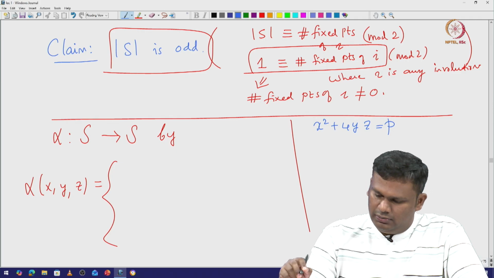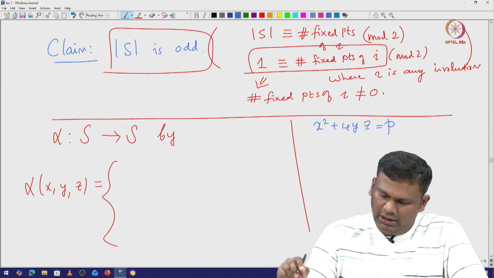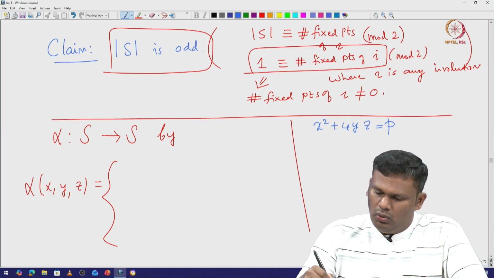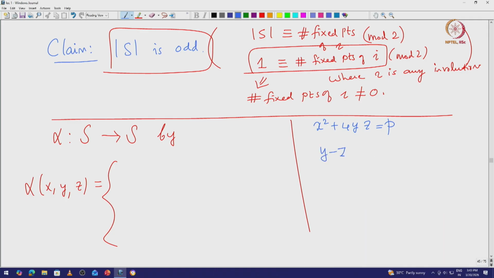Now, the first thing to realize is that y minus z is going to be strictly less than 2y, since x, y, z all of them are greater than or equal to 1.